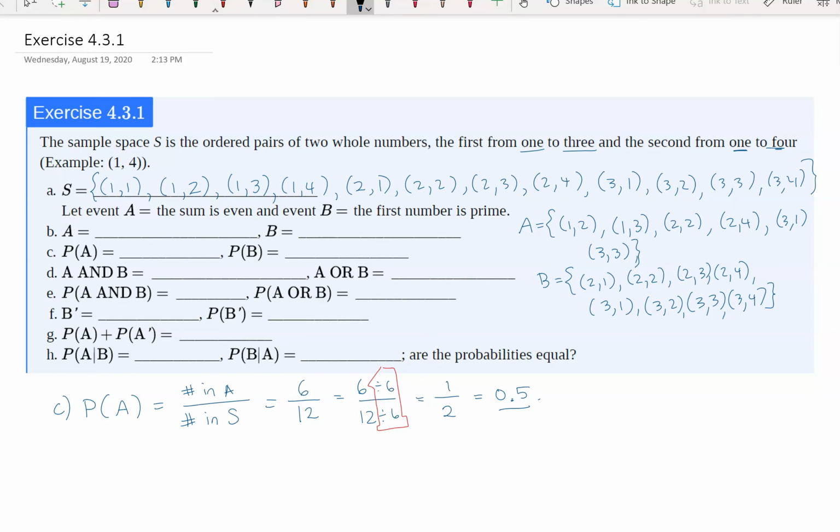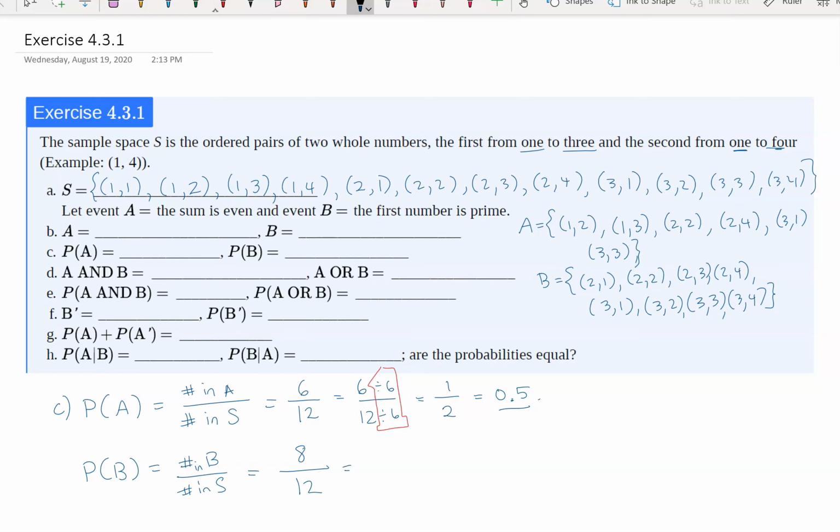Not too bad. Similarly, probability of B occurring, we're going to play this same game. Number in B divided by number in S. So we already counted S. S is 12. I'm going to go ahead and write that down. S doesn't change. But B, 1, 2, 3, 4, 5, 6, 7, 8, B has 8 outcomes.